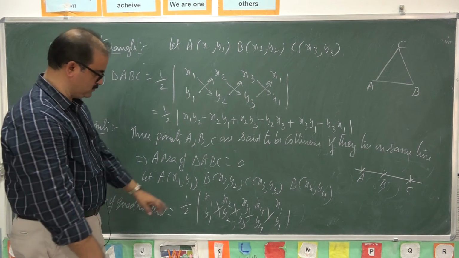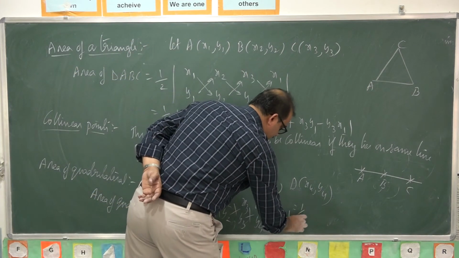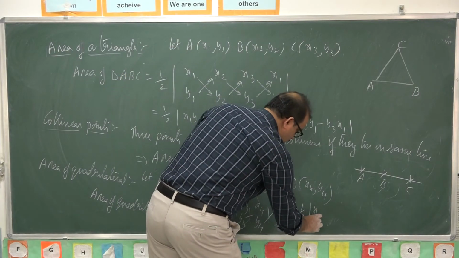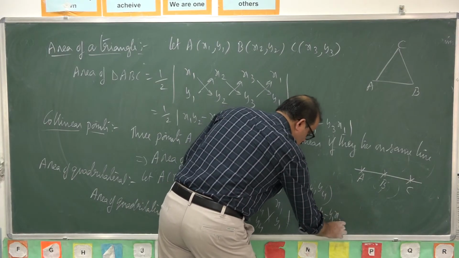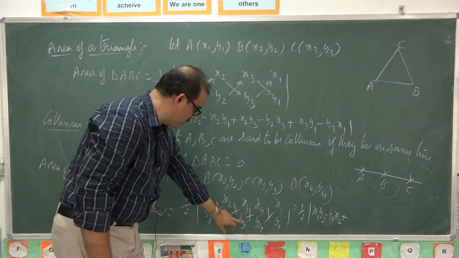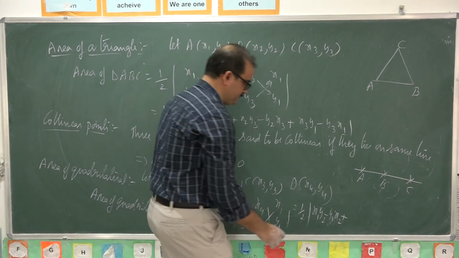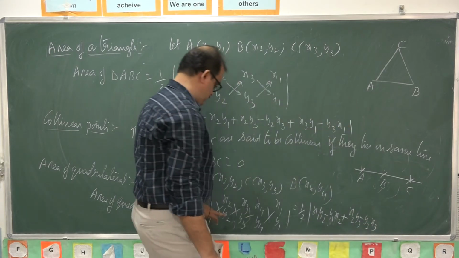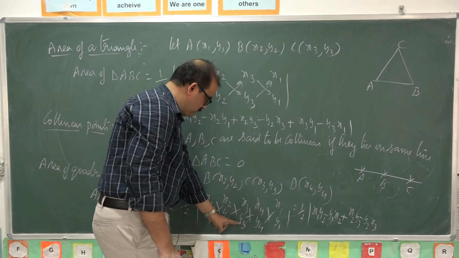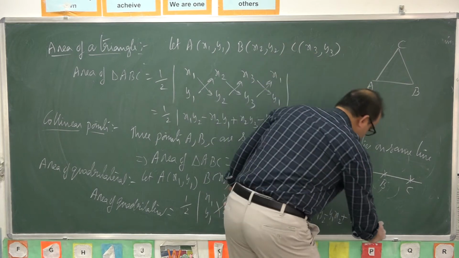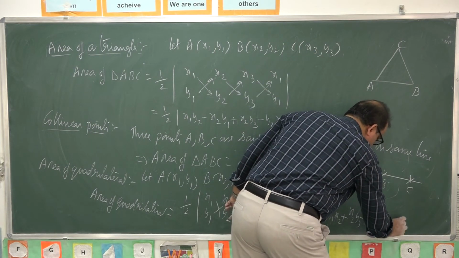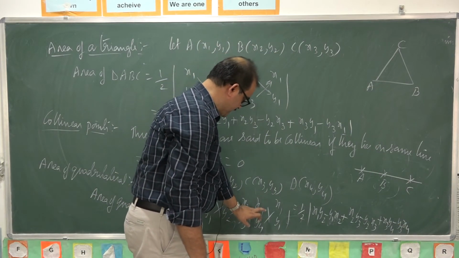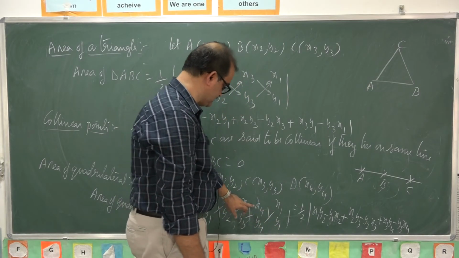By cross multiplication rule, you expand this. 1 by 2 into x1 into y2 minus y1 into x2, plus x2 into y3 minus y2 into x3, next x3 into y4 minus y3 into x4, next x4 into y1 minus y4 into x1.